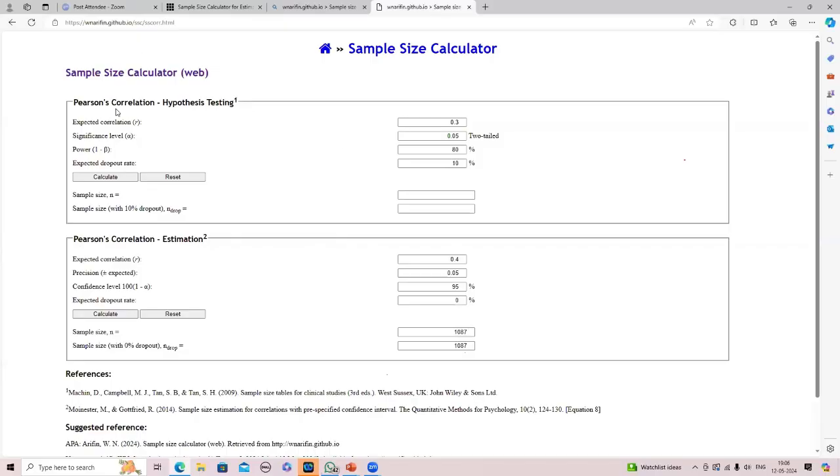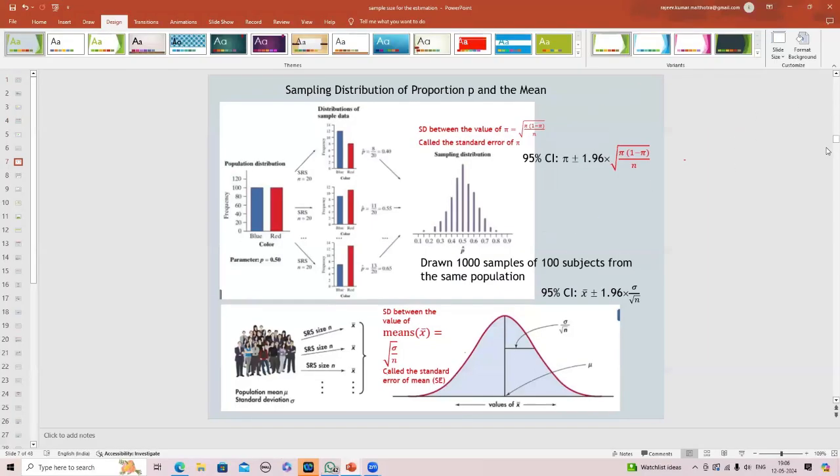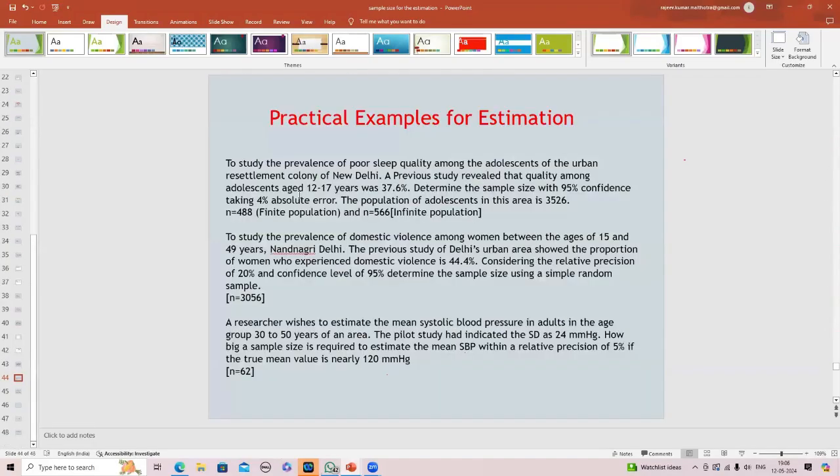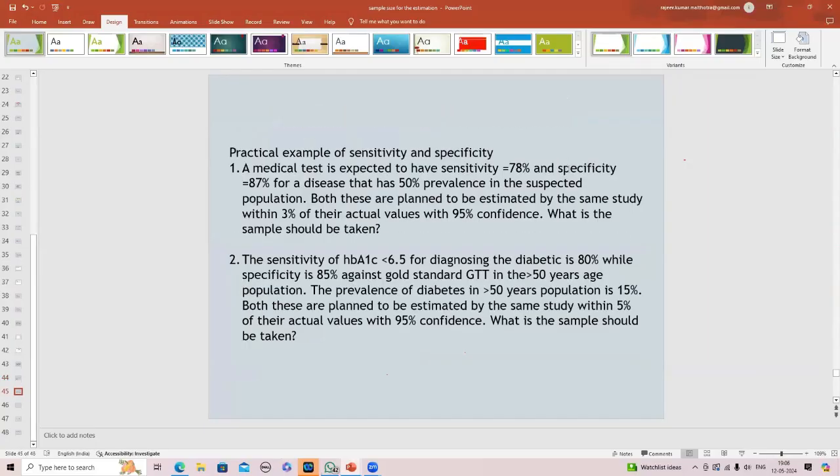I think you may now understand how to calculate the sample size for the estimation of sensitivity and specificity. If you have any problem in calculating this, we can discuss. There are some examples. You can take a screenshot of this and try using this calculator. This is a practical example for the estimation, and this is a practical example for the sensitivity and specificity.